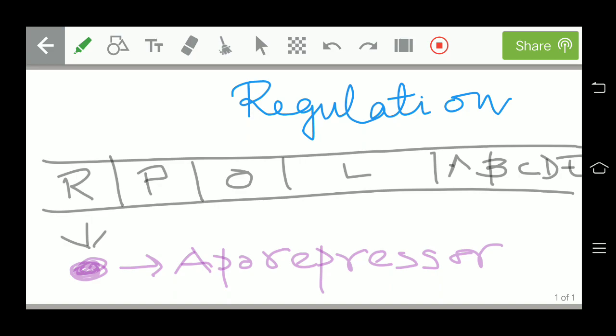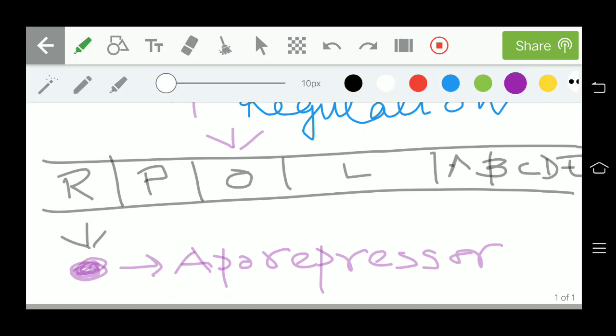Now, when there is no tryptophan in the cell, and no tryptophan at all in the medium where the microorganism is growing, this aporepressor remains inactive. So it is produced, but it will not be able to bind with the operator. Suppose this is your RNA polymerase.